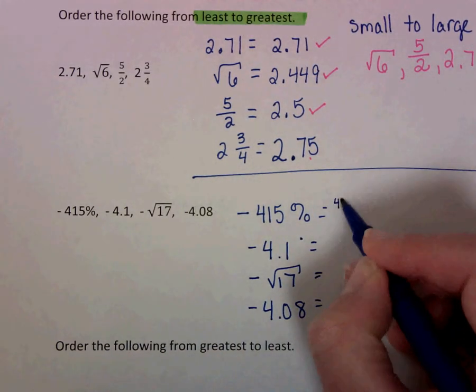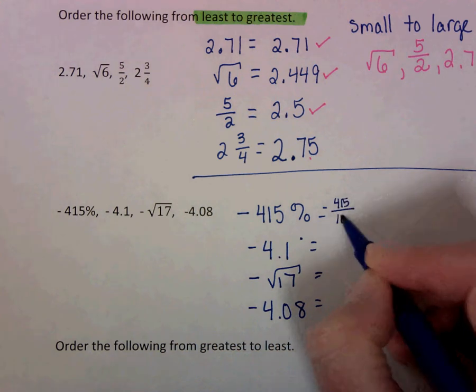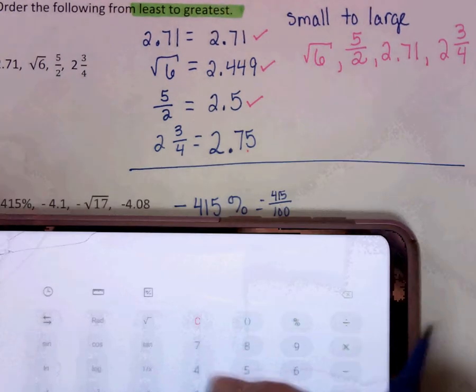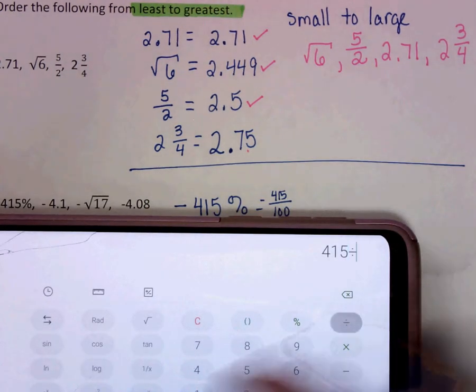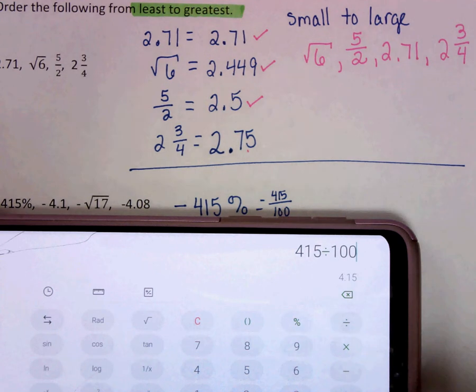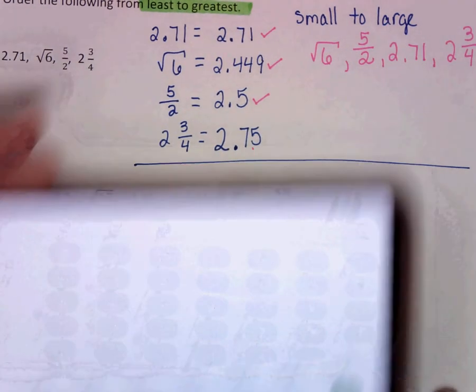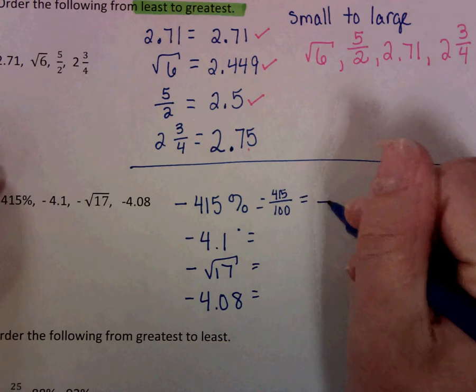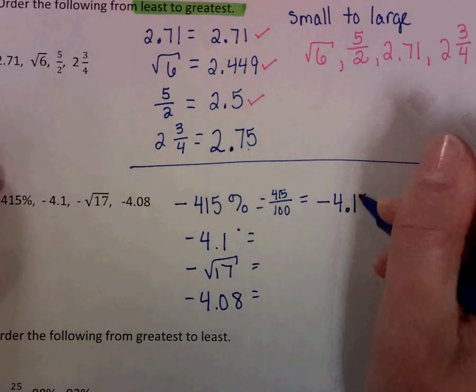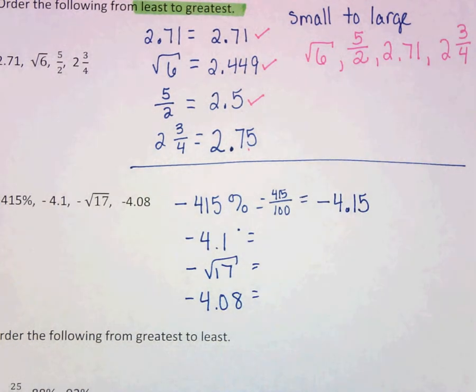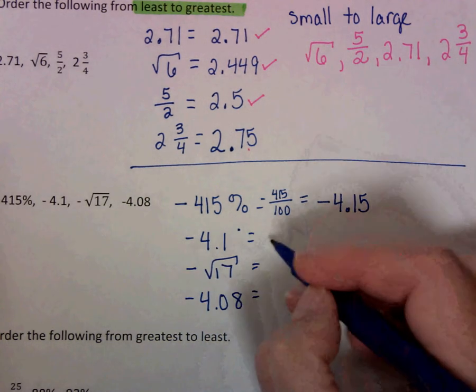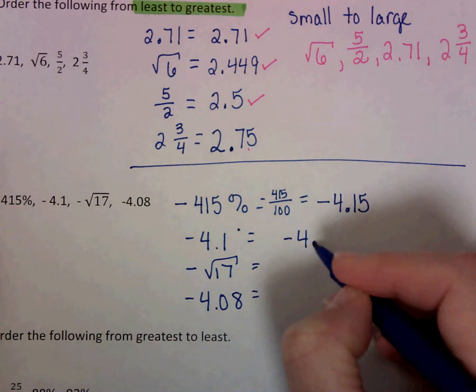If you don't know how to change a percent to a decimal, think of it like a fraction, 415 over 100. 415 divided by 100, and we get 4.15. Notice I didn't put the negative sign in my calculator. I know this is going to be negative 4.15. There's really no need to put the negative sign in. Negative 4.1, already a decimal, perfect.